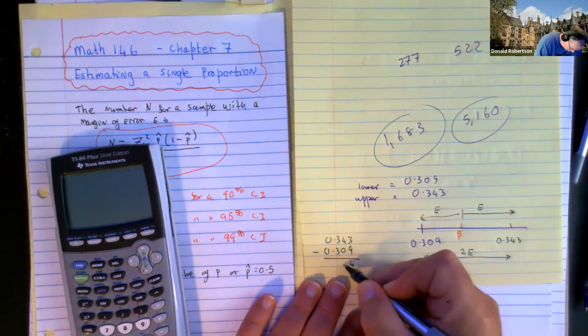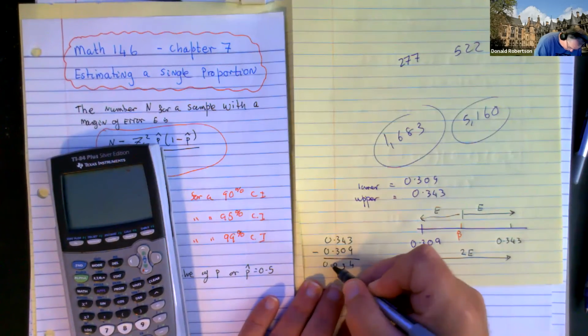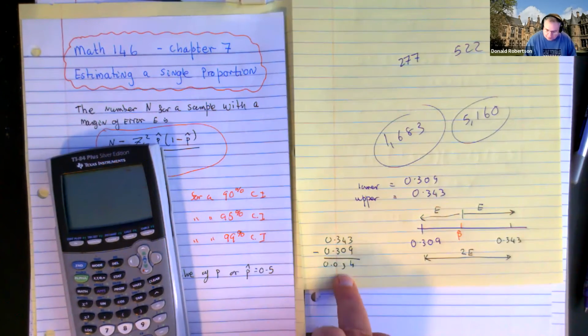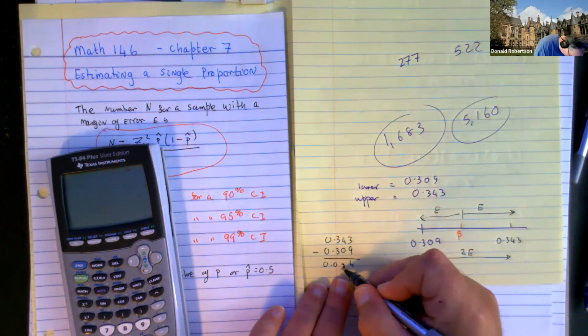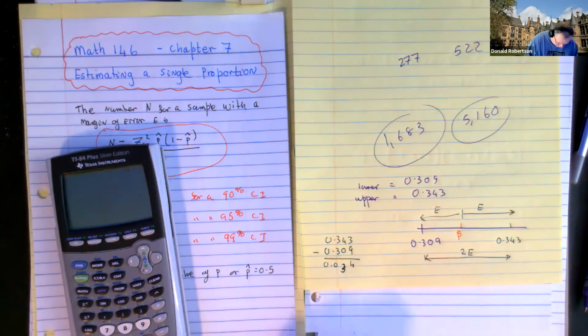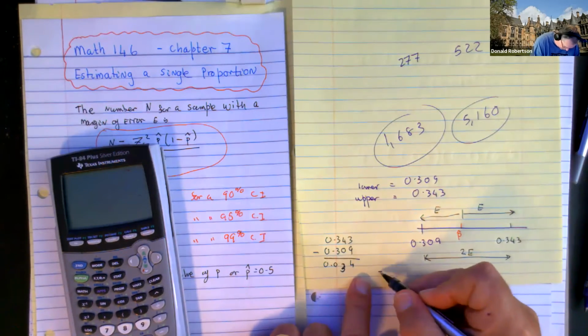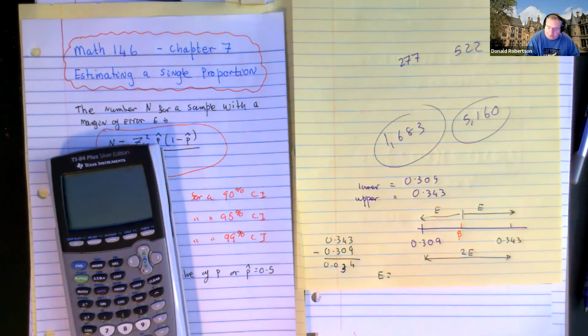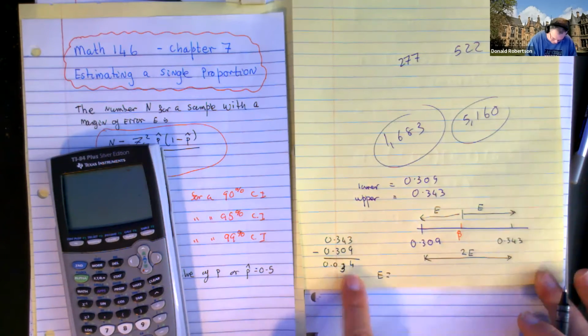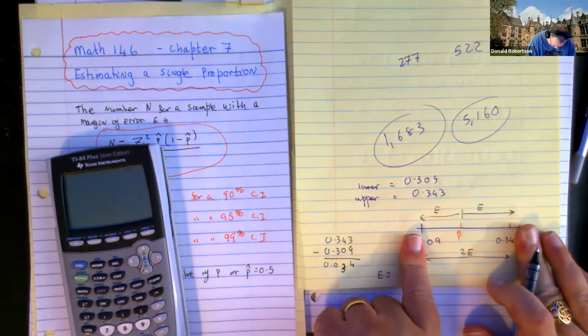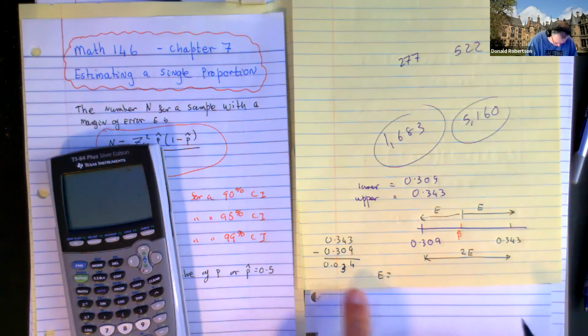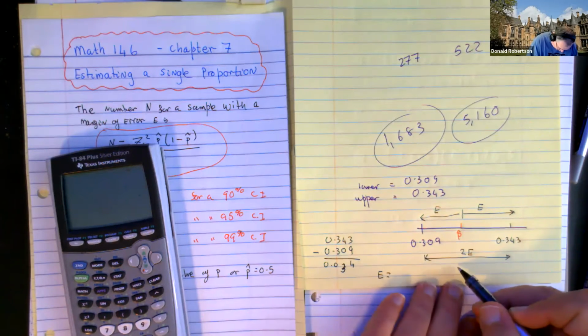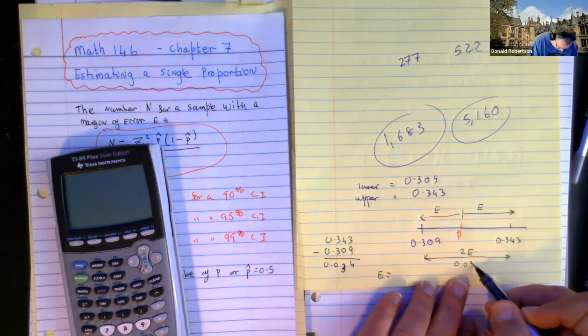That's 4, that's 3, that's 0.034. What did I do to that number to find the margin of error? I know from there to there is 2 margins of error. I've just subtracted them, so I now know that that is 0.034.